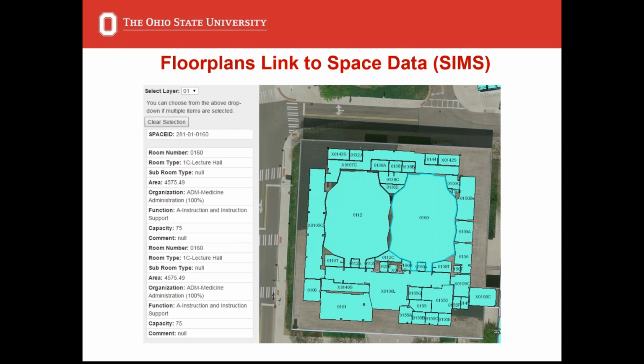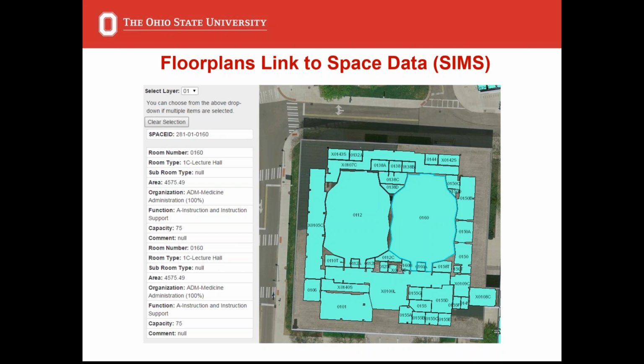So there's just another screenshot, floor plans linking to the space data in SIMS. If I click on room 160, it's going to tell me its full space ID, which is composed of our building, then the floor, and then the space. Who's in there, what's the square footage. Obviously, we charge for our spaces depending on who's owning it.